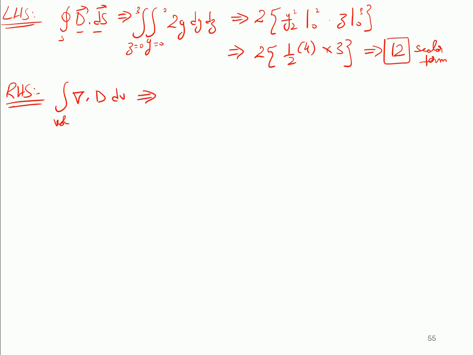We know what a del operator is. It is nothing but the partial derivative of the vector, so the divergence is the partial derivative of D along x, plus the partial derivative of D along y, plus the partial derivative of D along the z axis. Now what are the partial derivatives of Dx, Dy and Dz?